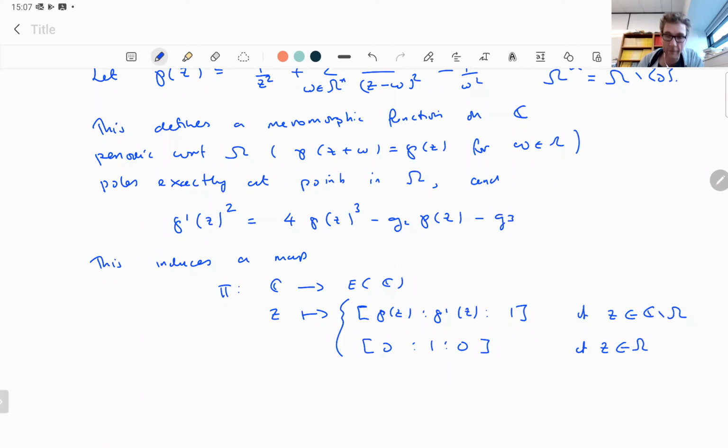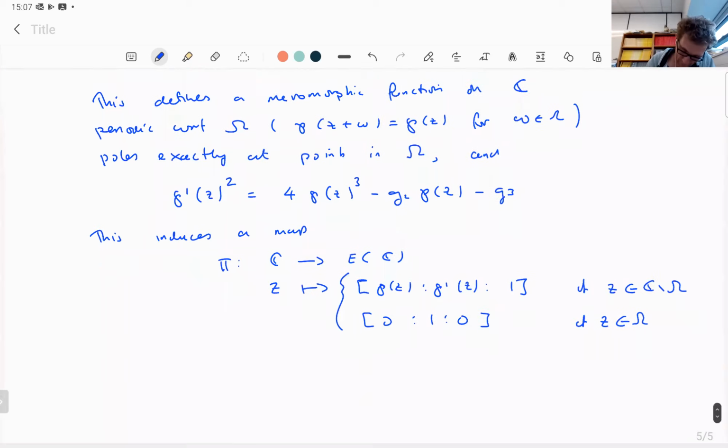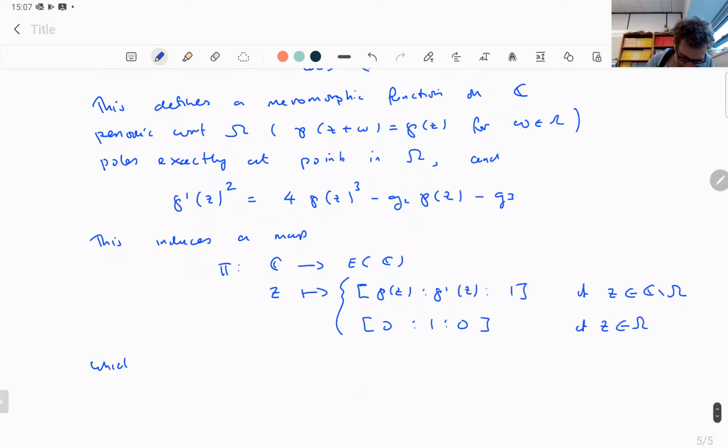And this map is a surjective group homomorphism, a surjective complex analytic group homomorphism.